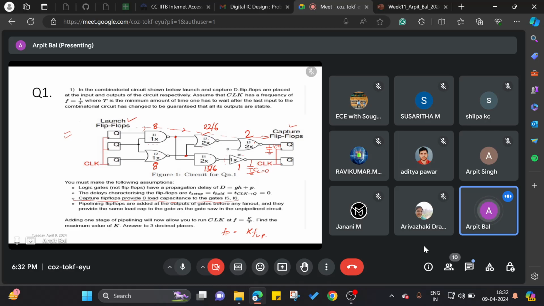Okay, so let me write down what the critical delay is. Critical delay is equal to 8 plus 22 by 6 plus 2. So this will be 11 by 3, roughly 3.33. Then this will be close to 13.33. If it is 13.33, 50% of that will be around, let's say, 7.